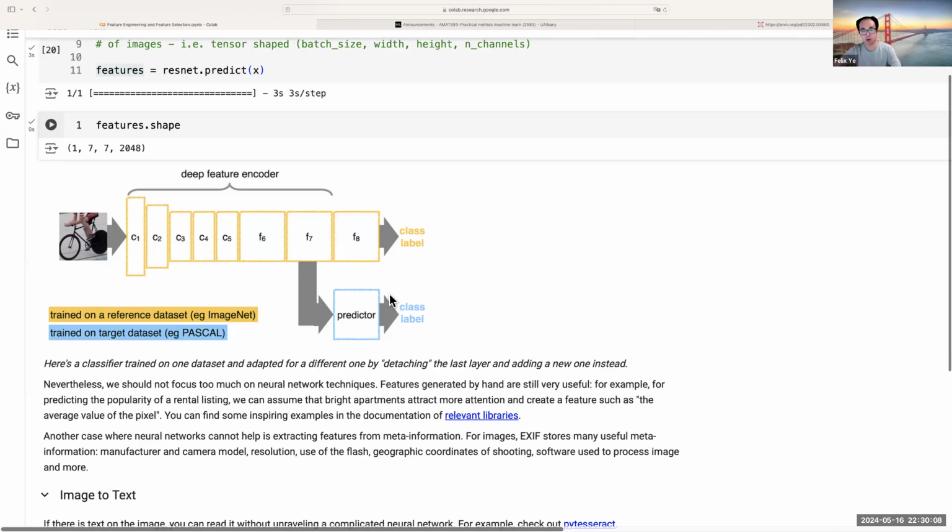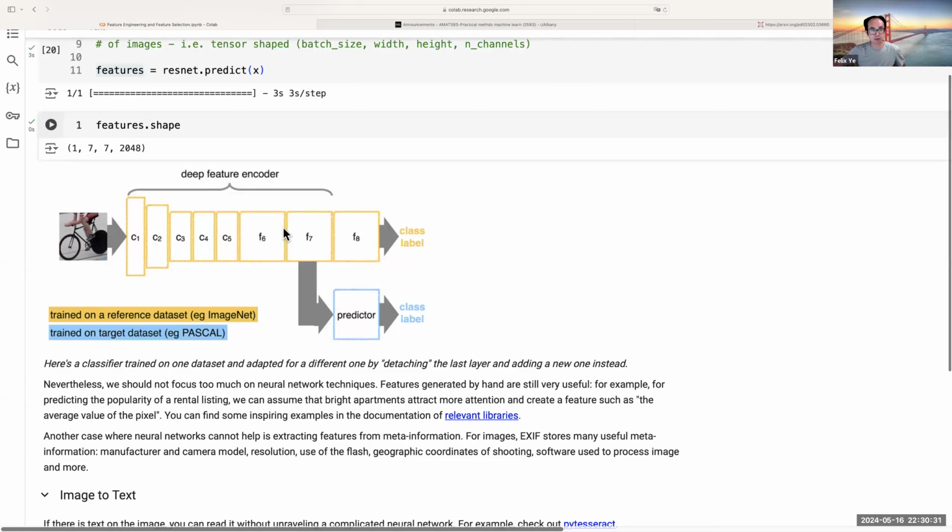This will output the corresponding class labels, for example different types of skin cancers. Everything from C1 to F7 remains the same, frozen. Then you use your new data just to train these predictors, so a significantly smaller number of parameters needs to be trained.